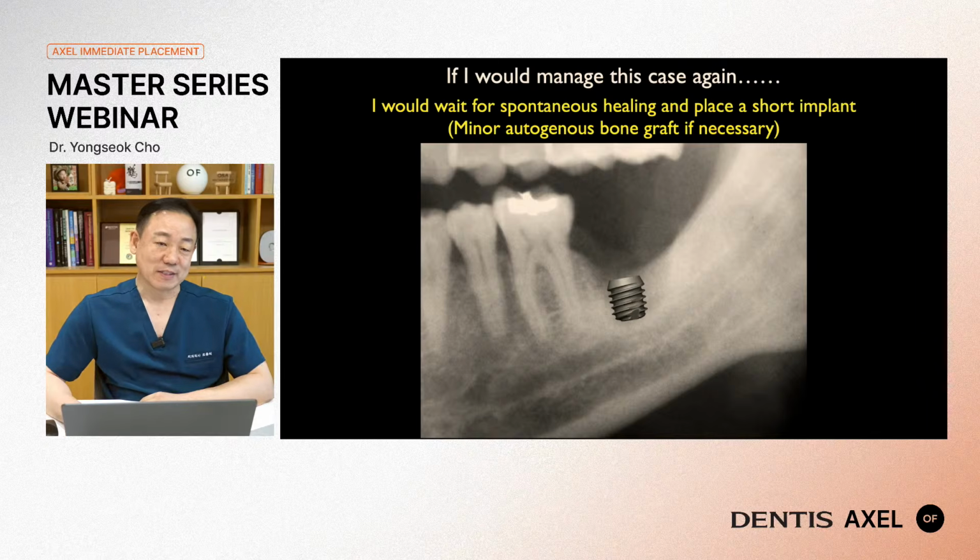If necessary, I will do a minor graft. Maybe it is not necessary if I place the implant about 6 months later. I just opened the flap 1 month after extraction. That's why I had to do aggressive surgery.